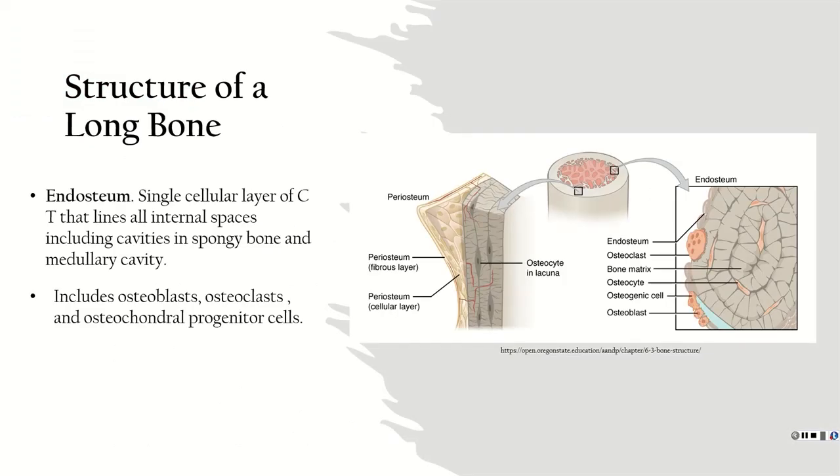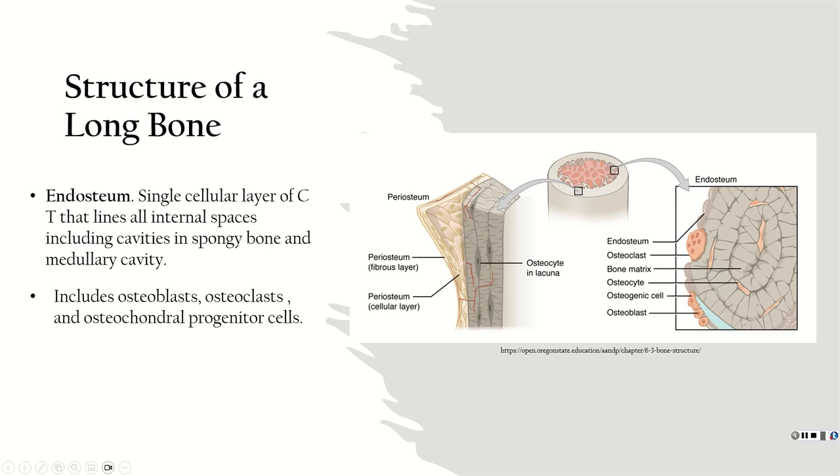So here's our periosteum, just surrounding the bone with a fibrous protein layer. Then we have our actual bone matrix here. Then there's another layer called the endosteum, which is a single cell layer of connective tissue that lines the internal spaces of the bone.